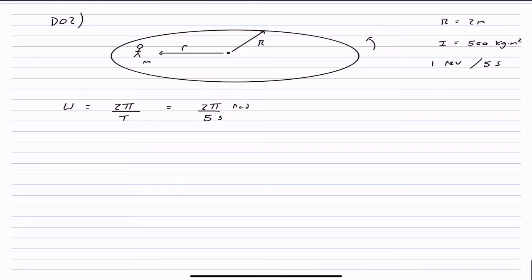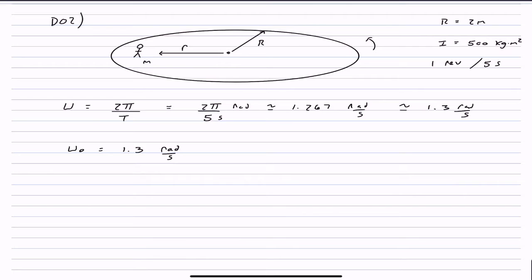That gives us a rotational speed of approximately 1.267 radians per second, or we'll call it 1.3 radians per second. In other words, omega naught, the initial speed, is 1.3 radians per second. That's one thing we can figure out.